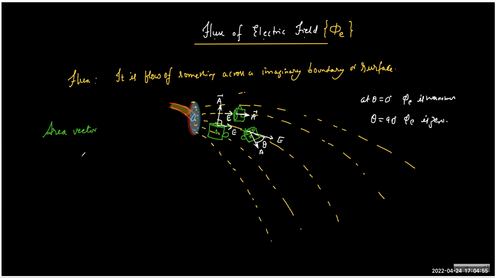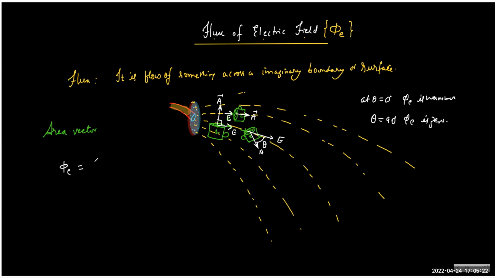So the definition of electric flux due to a uniform electric field through a given cross section is given by the field dot the area vector.